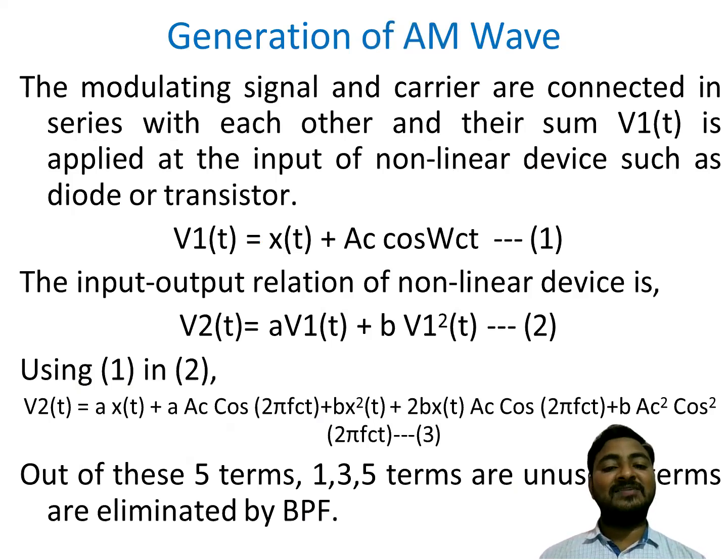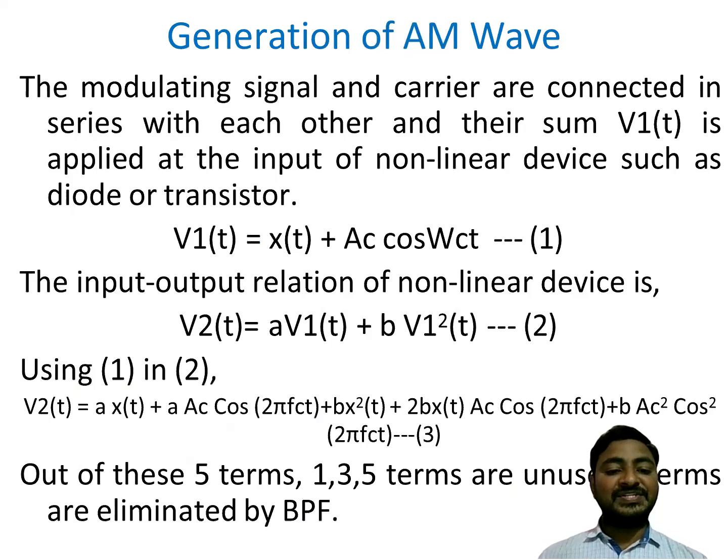Substituting this into the input-output relation of the non-linear device, V2(t) = A[x(t) + Ac cos 2πfct] + B x²(t) + 2B x(t) Ac cos 2πfct + B Ac² cos² 2πfct.